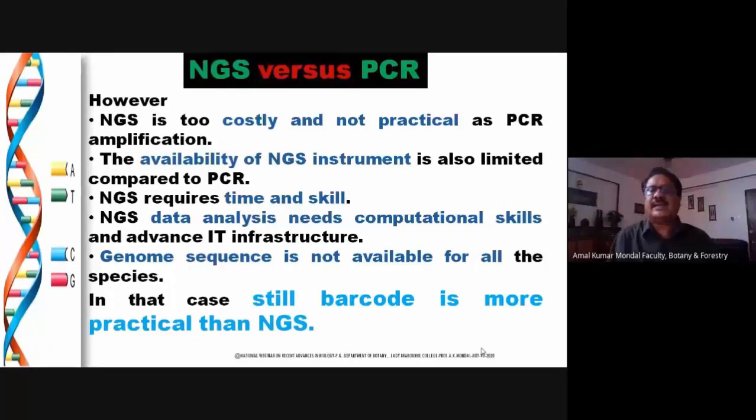NGS requires time and skill. NGS data always needs computational skills and advanced IT infrastructure. Genome sequence is not available for all the species. In that case, barcoding is still more practical than NGS.